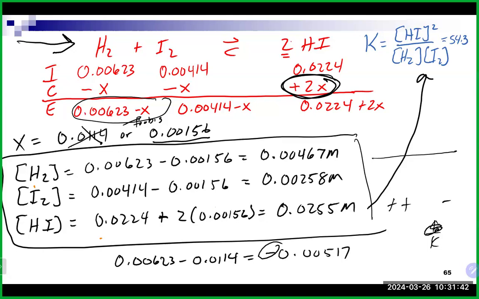So remember that when you do get those two X values, in this case we actually got two positive X values, but when you put one of those back into that equilibrium line, it will yield either a negative concentration or a negative pressure if you're dealing with pressures, and you can't have a negative of either of those. A couple of ones we've done, I think we had a positive and a negative that came right out of the chute.